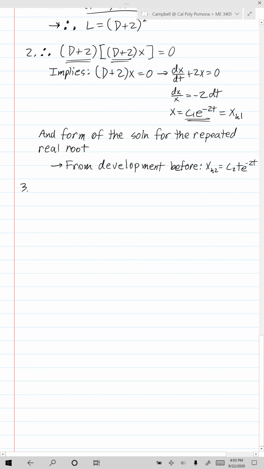But thankfully, because of the work we did before, we already know what we're dealing with. And so our general solution is x equal to c1 e to the negative 2t plus c2 t e to the negative 2t.